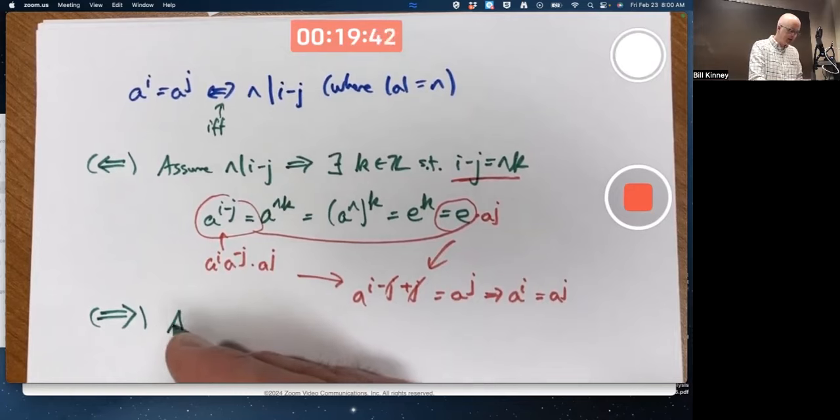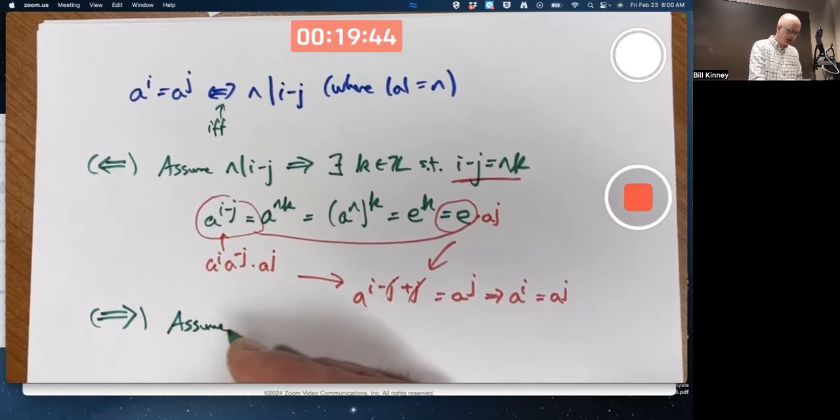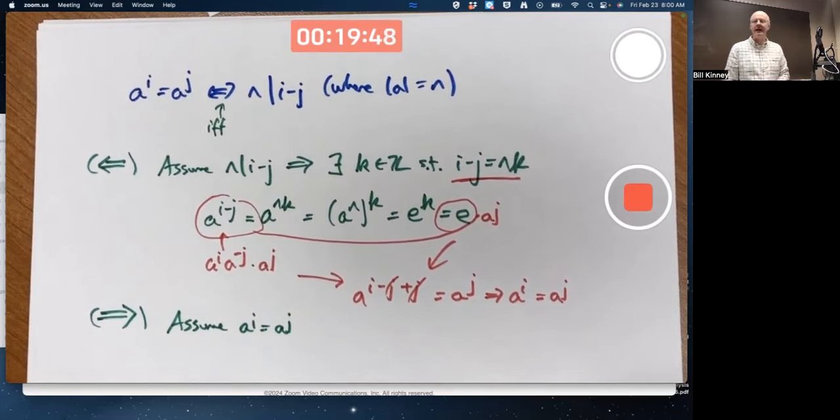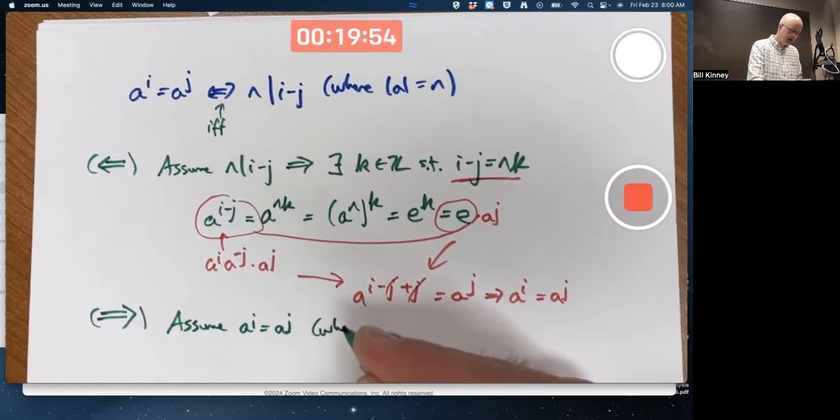Assume a to the i equals a to the j, and try to show n divides i minus j. Again, we're assuming the order of a is n.